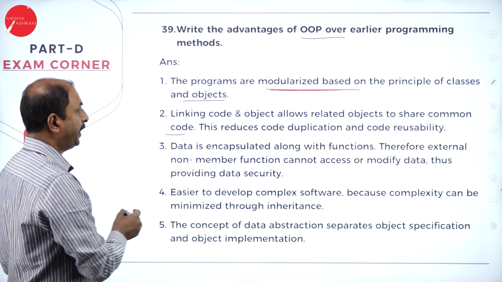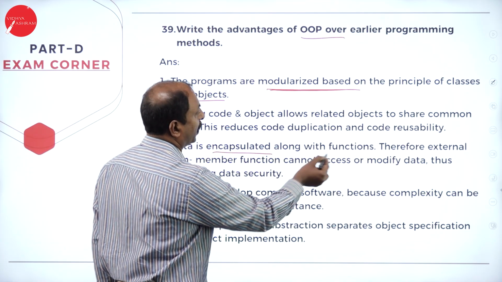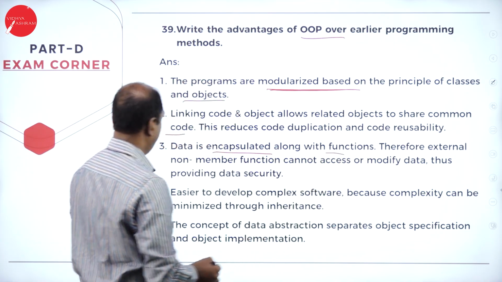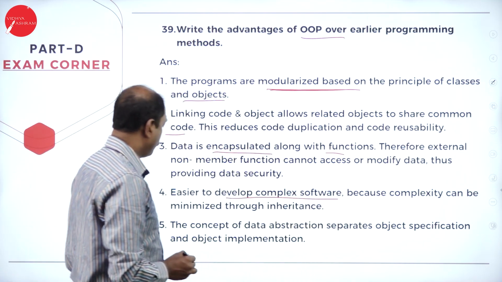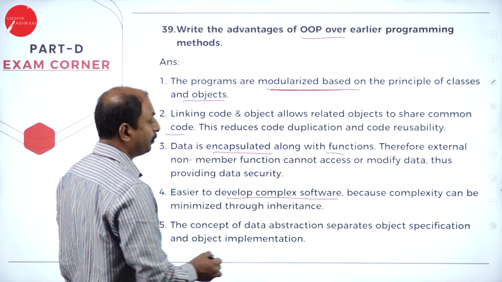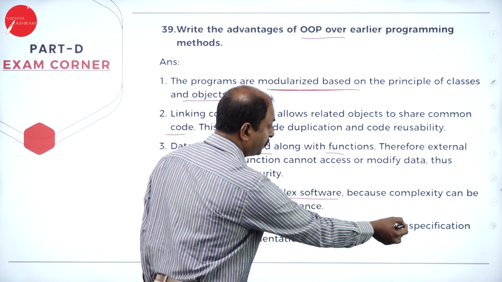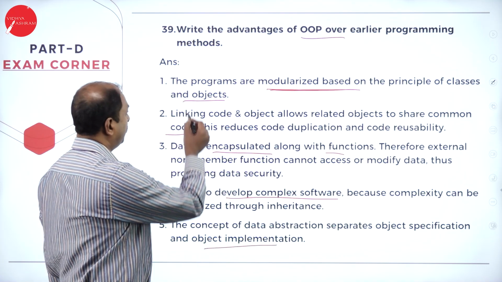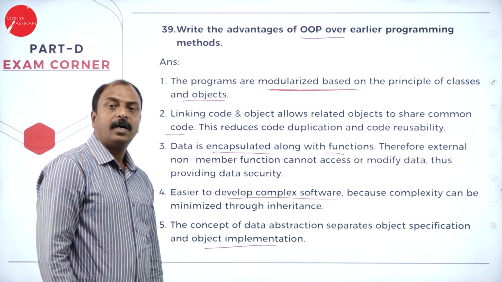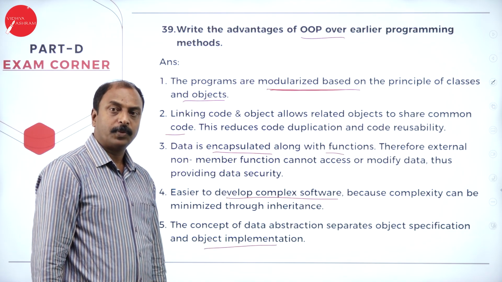Next, data is encapsulated along with the functions. Next, it is easier to develop complex software. Next, the concept of data abstraction separates object specification and object implementation. See, these are the 5 different advantages over earlier programming.